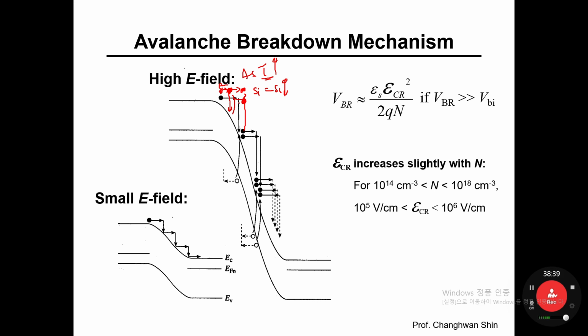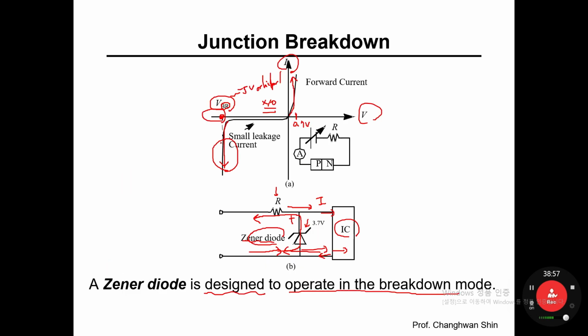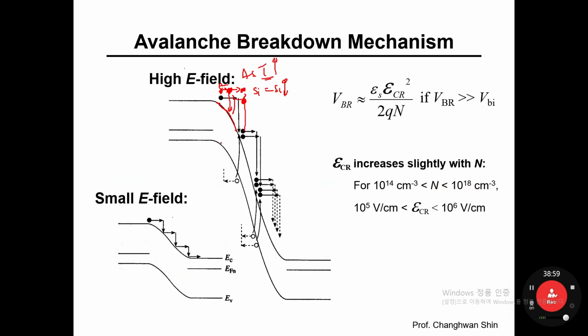But the kinetic energy should be at least the minimum requirement for the avalanche breakdown mechanism, which, as I told you, is 1.5 times the bandgap energy. So you may think that, aha, then more band bending would be necessary to induce the avalanche event.